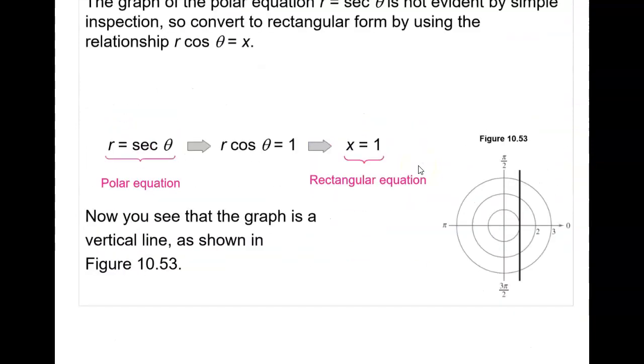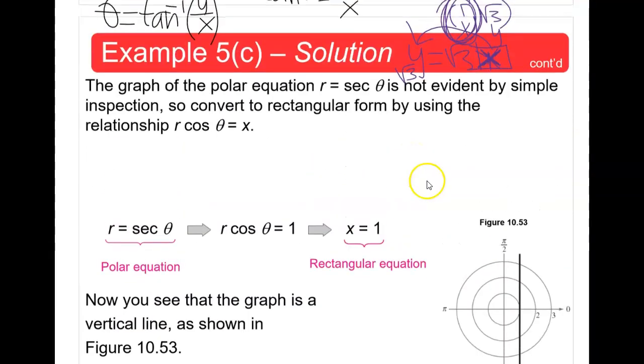And we have our last problem here, and we have the graph of the polar equation r equals secant theta, and it's not so obvious just by looking at it. However, we could figure this out. So if you recall, we have the relationship that x is equal to r cosine theta.